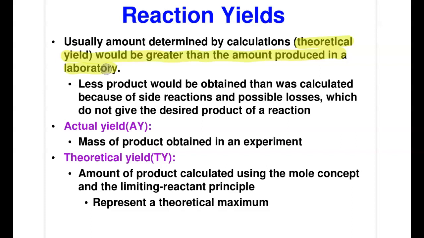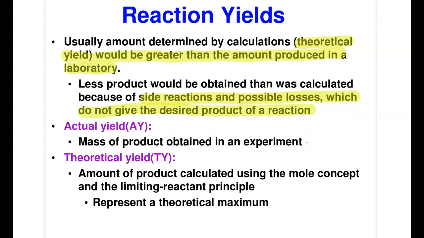But such a scenario is usually not possible, because less product will be obtained than was calculated due to side reactions and possible losses which do not give the desired product of the reaction. And that introduces another type of yield, the actual yield. The actual yield is the actual amount that is obtained from the experiment or in the lab.